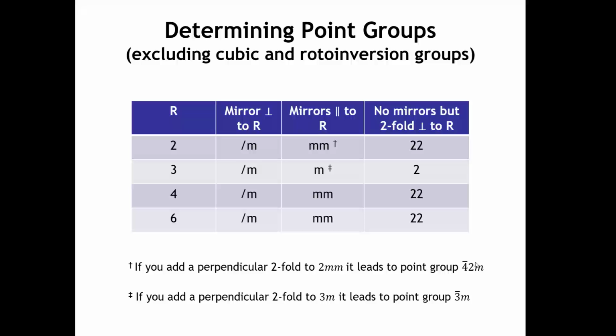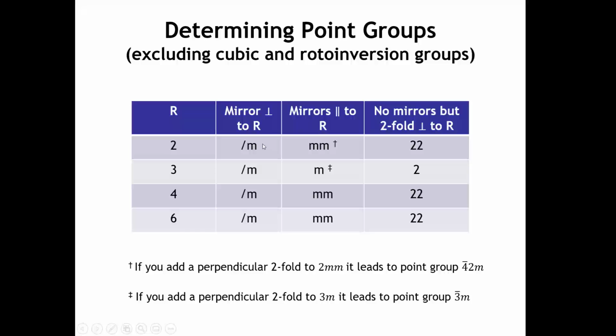When we see an object, how do we go about determining its point group? So I'm going to walk you through one way that you might do that. So if we exclude the cubic groups, which are their own thing really, and also the rotoinversion groups, we can do it in a kind of systematic way. We're first going to look for the highest order rotation axis, which could be 2-fold up to 6-fold.